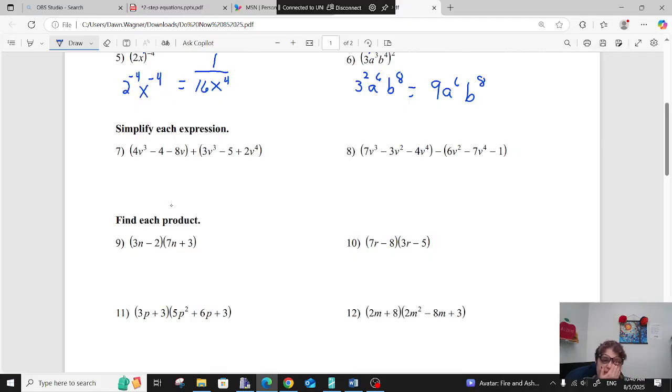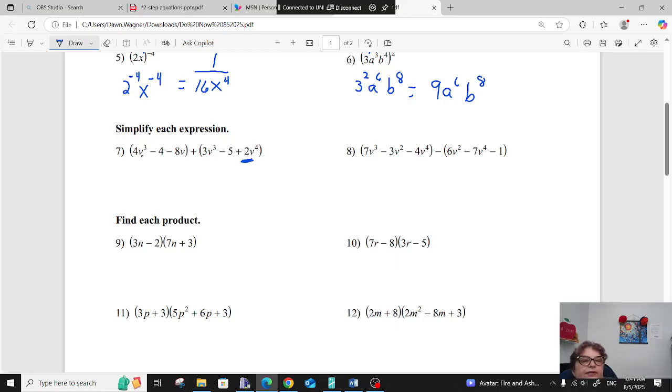Over here, we are adding polynomials. We want to make sure we add the variables with the same exponents, right? And so I have to be careful. You also want to put your highest exponents first to put it in standard form. So here's my highest exponent, 2v to the 4th.